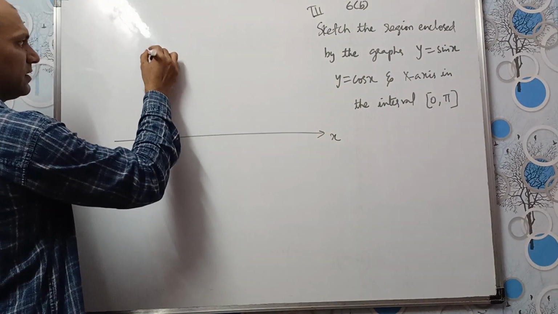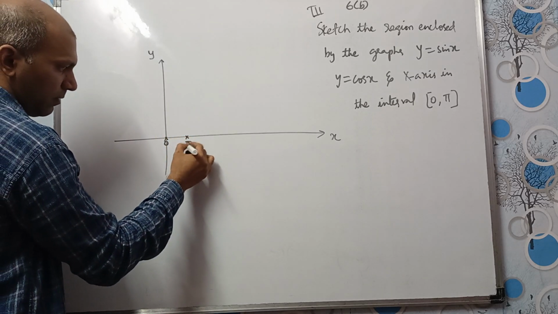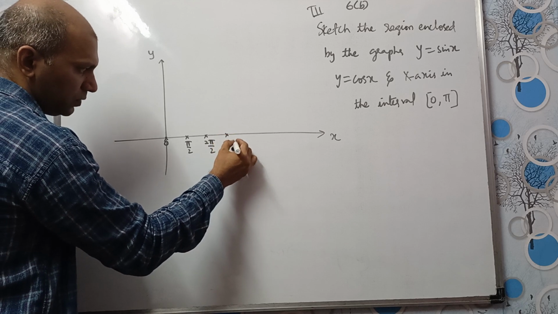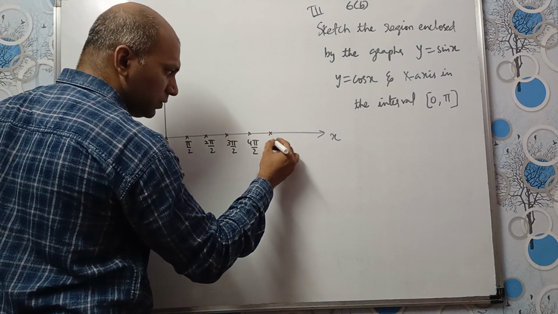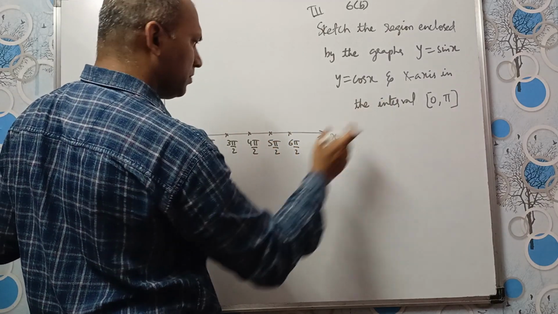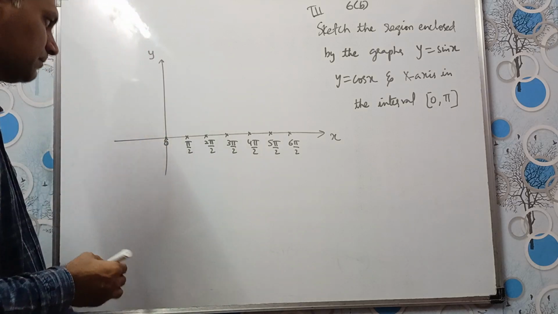This is the x-axis, this is the y-axis. 0, pi by 2, 2 pi by 2, 3 pi by 2, 4 pi by 2, 5 pi by 2, 6 pi by 2, up to pi only, right? So pi means we need till here only.